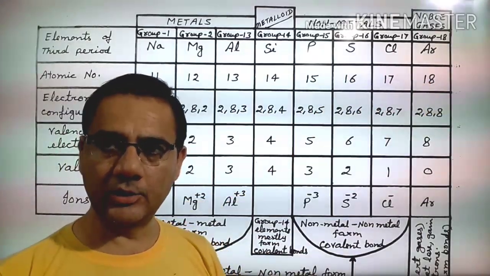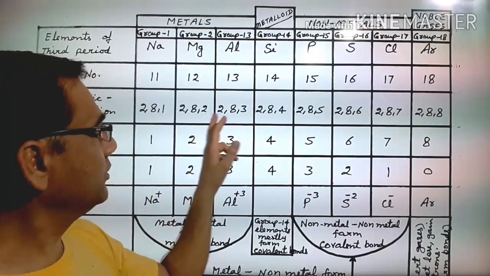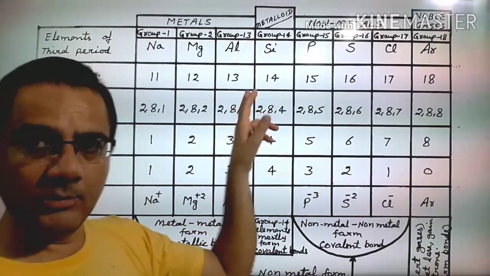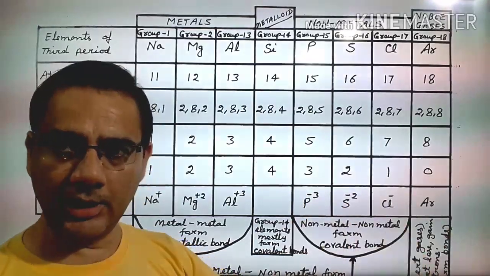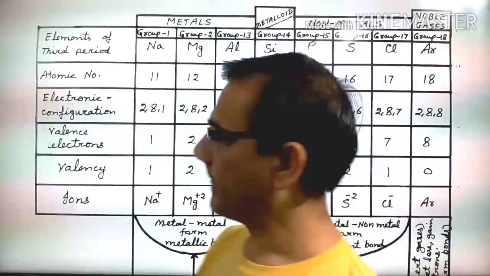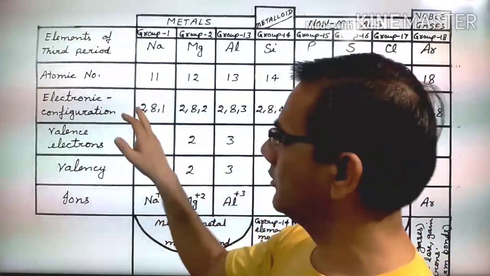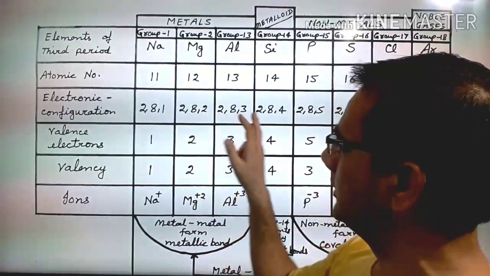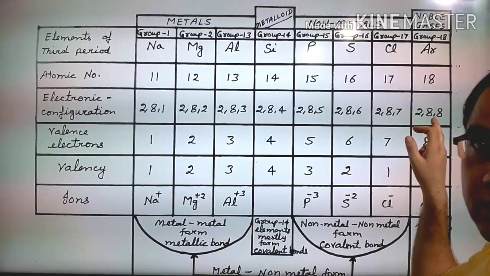Now we write the electronic configuration. Because I already told you the number of electrons in the atom is equal to the atomic number. So atomic number 11, number of electrons 11, configuration 2,8,1, 2,8,2, 2,8,3, 2,8,4, 2,8,5, 2,8,6, 2,8,7 and 2,8,8.